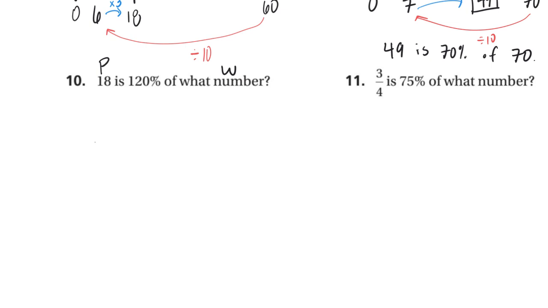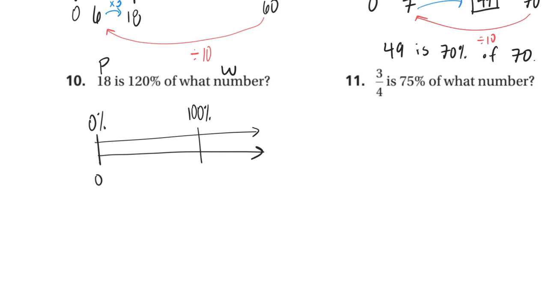This one's interesting because we have more than 100%. You still have your numbers. 0% of anything is still 0. But your 100% isn't going to be the full part here. This is the whole we're trying to figure out.